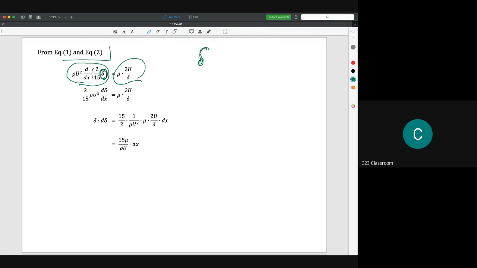And if you see this equation, we have the term d/dx and so on. That means we need to integrate this term, so that the differential will disappear.